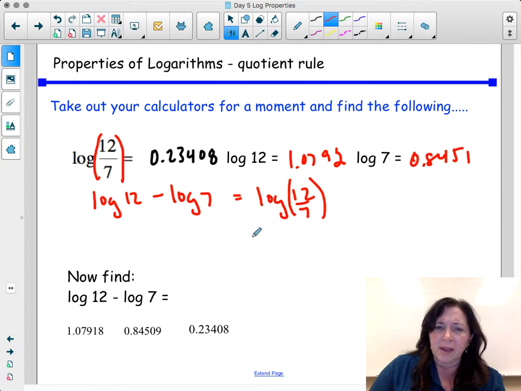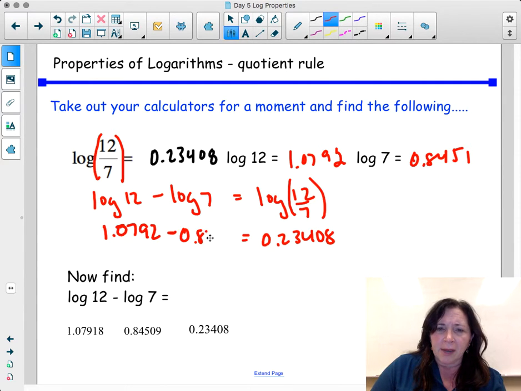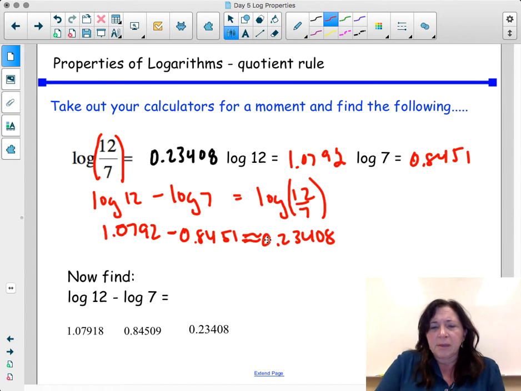And so if that's the case, then 0.23408 should equal 1.0792 minus 0.8451 or something like that. And so you're going to get super, super close, because these are, again, approximations, but that's how you do that.